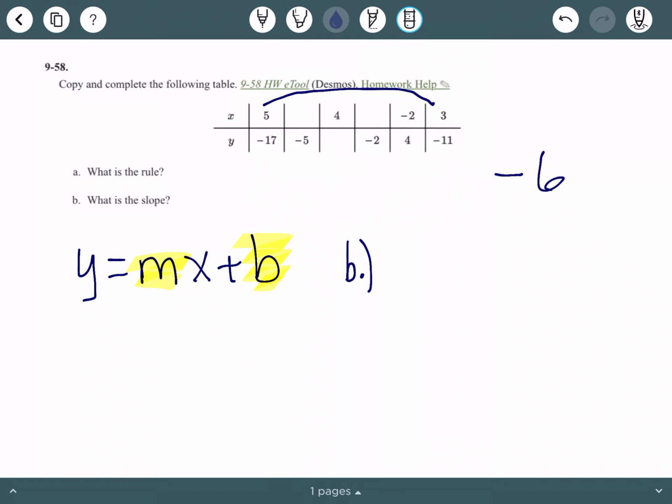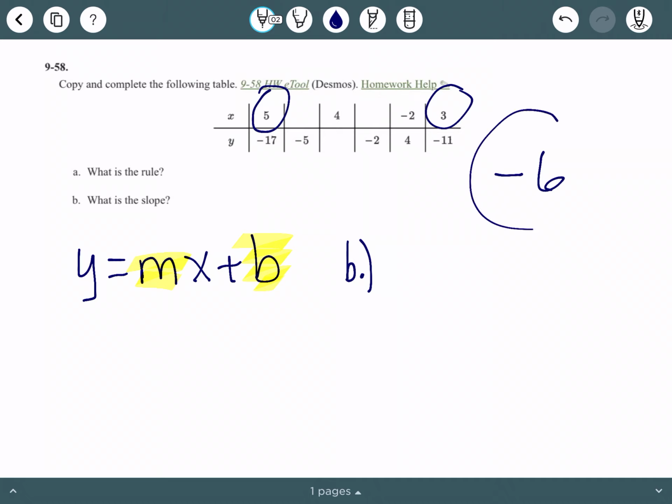Now, don't worry, because I realize that we're going from 5 to 3 here. And we need to know what it is from 5 to 4, or 4 to 3. What is it growing by each time? Not each 2 times, each 1 time. So for every 1 change in x, what's our change in y? So that's probably what you're wondering right now, and it's nothing to worry about. We know the difference between 5 and 3 is 2.